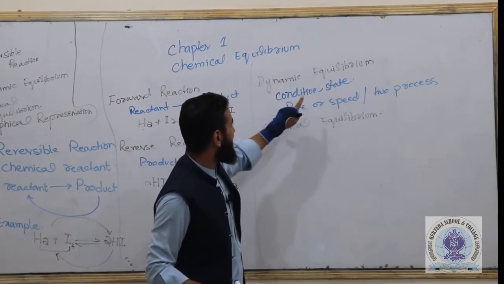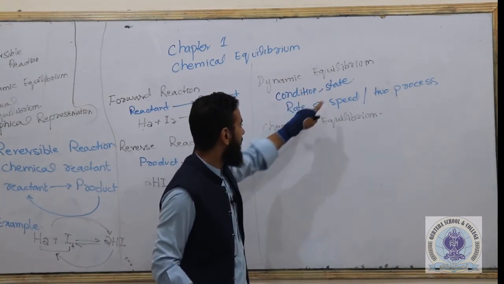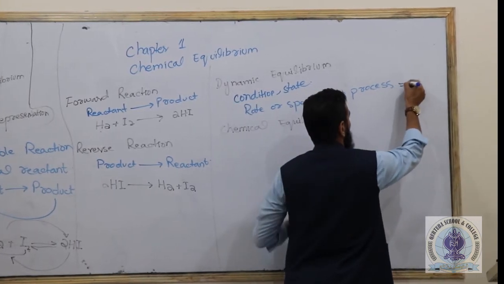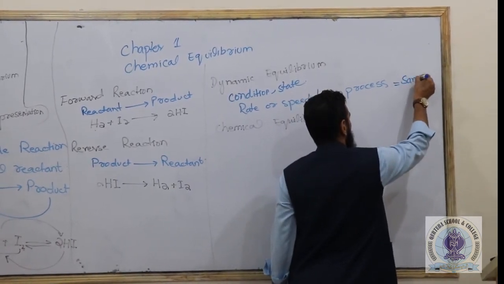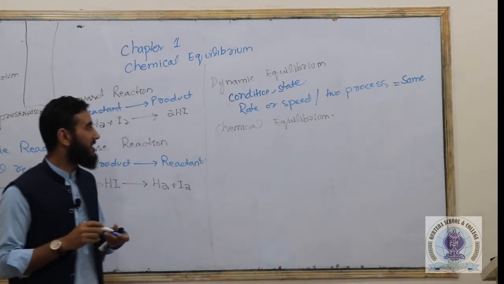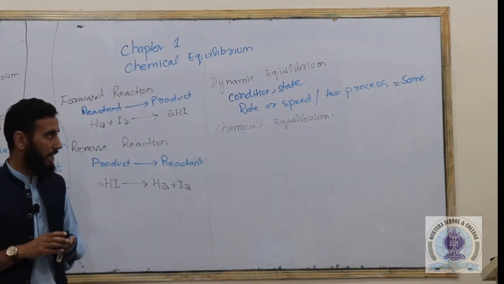Dynamic equilibrium is a condition or a state at which the rate or speed of two processes will be the same. But remember, these two processes or these two reactions will be in opposite directions.